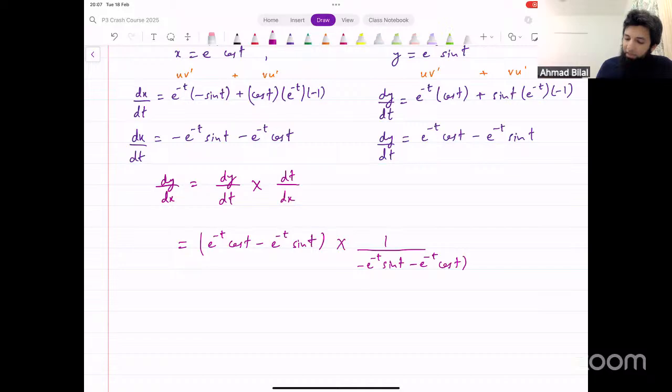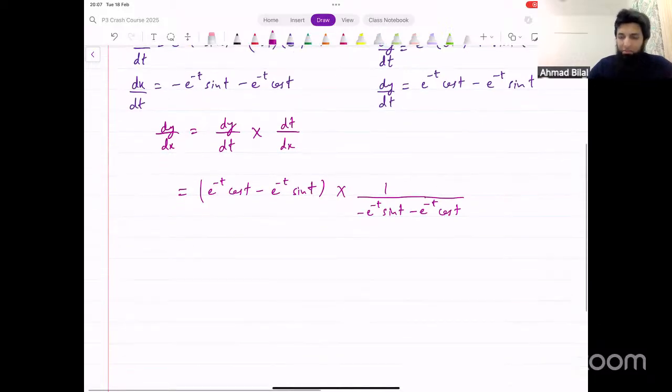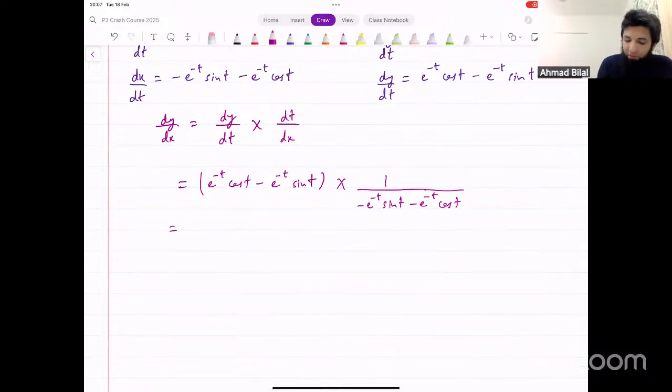simplify this a bit? Since e raised to power minus t is there in every single term, we can cancel that out, right? We can take that common from the numerator, taking care of any sign errors that might happen. Be careful when you're working. Cos t minus sine t, if I take e raised to power minus t common outside, this is what I'm left with inside. In the denominator, if I take e raised to power minus t common, I'm left with minus sine t minus cos t inside.